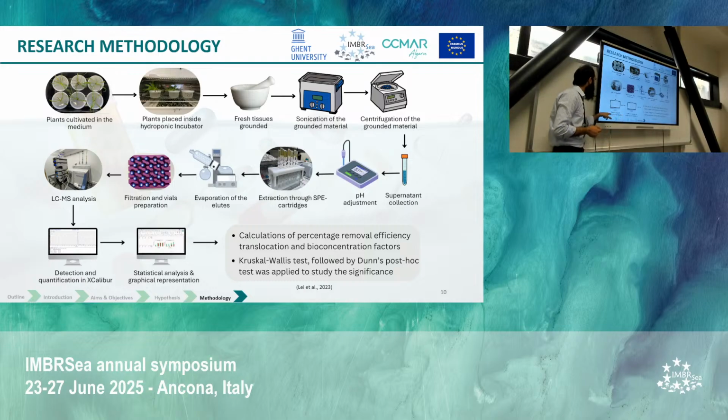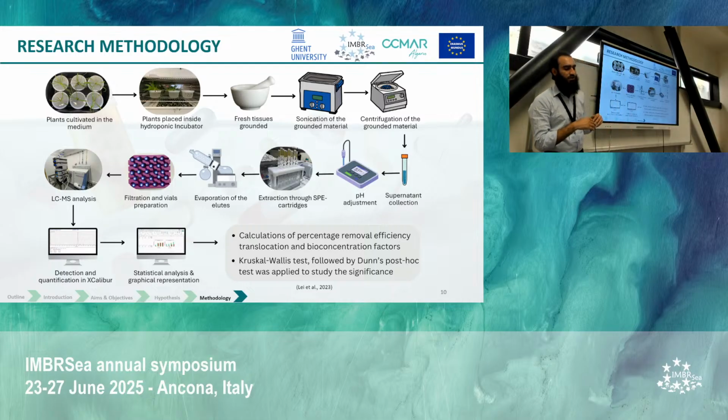After LCMS analysis, I used Xcalibur software, and in this software, first of all I detected the peaks, and then I quantified those peaks. First of all, I prepared a calibration curve. This calibration curve was made using known concentrations from 2.68 up to 16 micrograms per liter of the contaminants. And then I did statistical analysis and also drew some graphical representations.